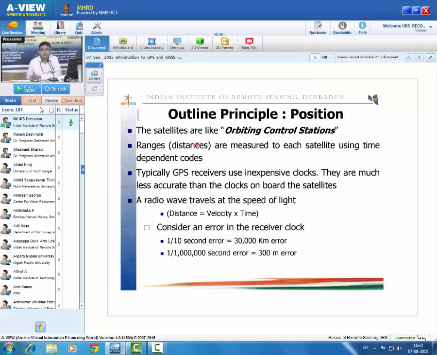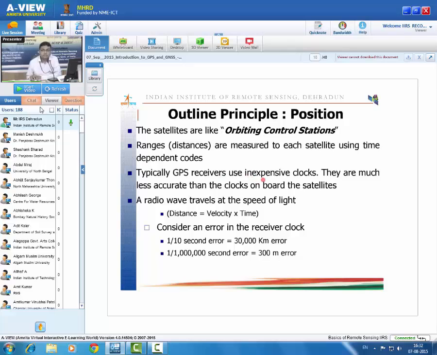So how is it working? The satellites are behaving like an orbital control station. They are giving us the distances to prepare the spheres to intersect each other, and then finally give us the coordinates. Now what is happening in the GPS receivers? We are using cheaper clocks, that is the quartz clock, not like the satellites wherein we are using atomic clocks.